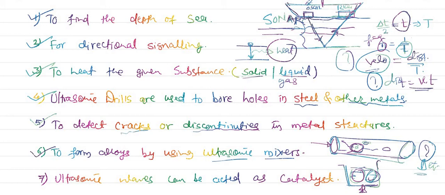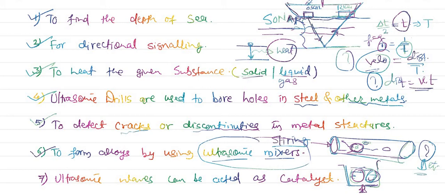Simply by passing ultrasonic waves, we can mix and stir them together very well. So instead of ultrasonic mixers, we can say ultrasonic stirring machines. Stirring is possible using ultrasonic waves.